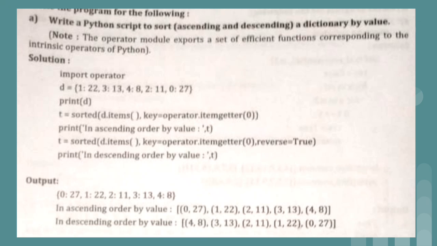Just see the dictionary: its first element is 1 colon 22, and that is nothing but our first item. With the help of itemgetter we can get the item specified at the 0 index. Similarly, in place of 0 you can use 1 also, or 2, whatever you want.